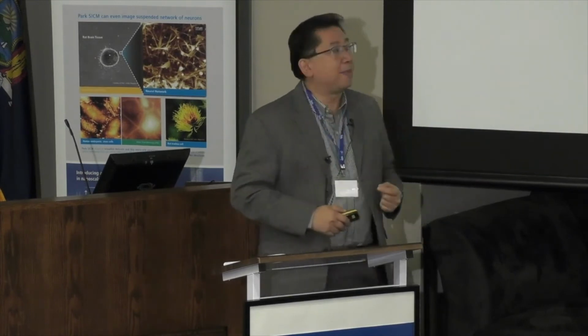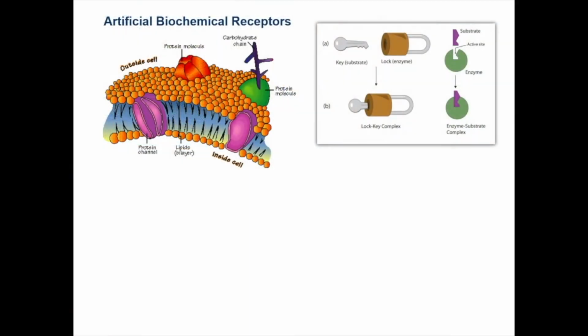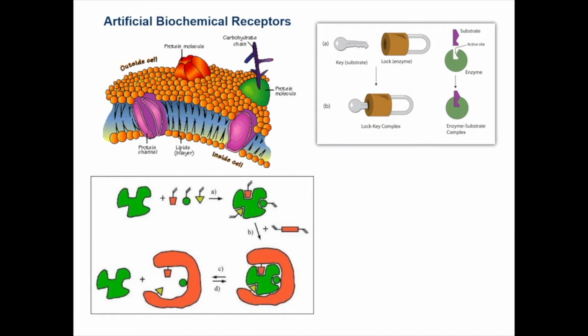You do this by templating. If you have a key, a molecule, you surround it with monomers, and then by complexing it, you polymerize it or cross-link it. You'll end up with a cavity that is shape specific, but more importantly, non-covalent interaction specific.